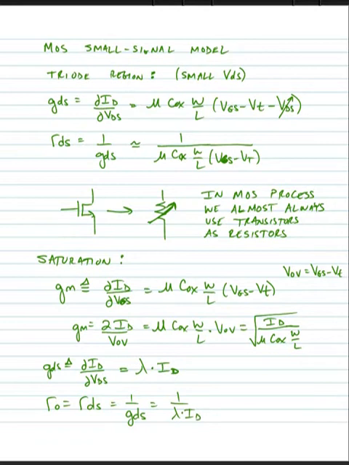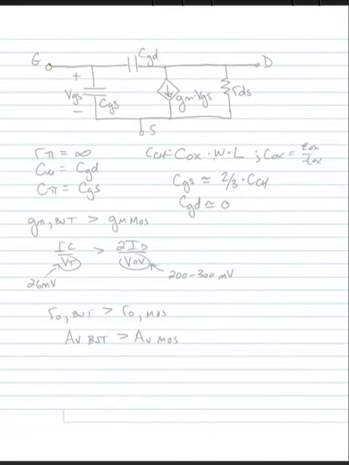So now we can draw a small signal model for our MOS device that starts at the gate. Between the gate and the source, there is a gate to source capacitance.